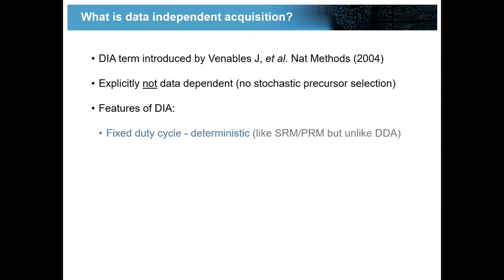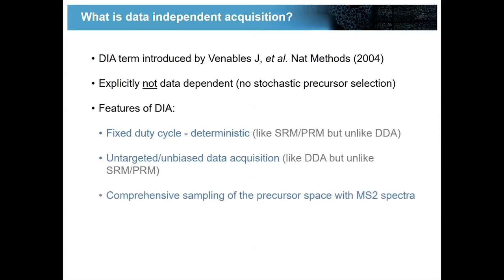So this is, in a sense, philosophically more like SRM or PRM, but unlike DDA. However, on the other hand, it is also entirely untargeted and unbiased data acquisition. So you don't need a target list, you don't need to pre-specify what peptides you're interested in. So in this sense, it's more like DDA, but unlike SRM or PRM.